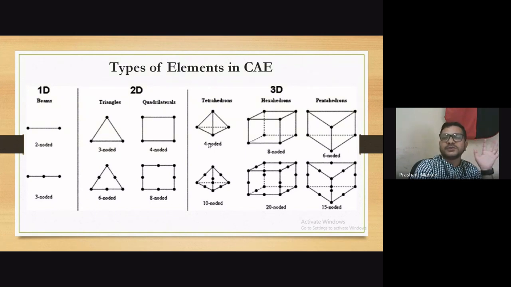If four nodes, four shape functions, N1, N2, N3, N4, and so on. Can you imagine 20 nodes? There will be 20 shape functions. They will have a relation with coordinates and nodal unknowns, that is, the natural coordinates. Then you have to find the value at any point inside with the help of those 20 shape functions. So this is about the types of element in CAE.